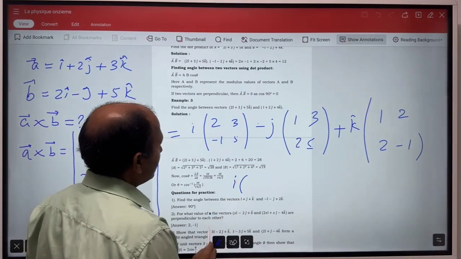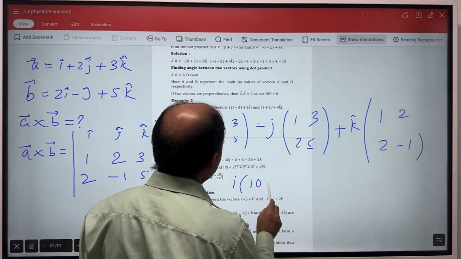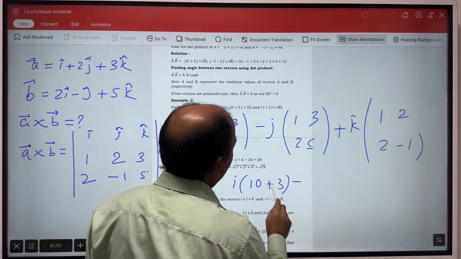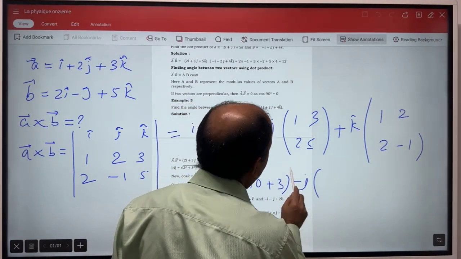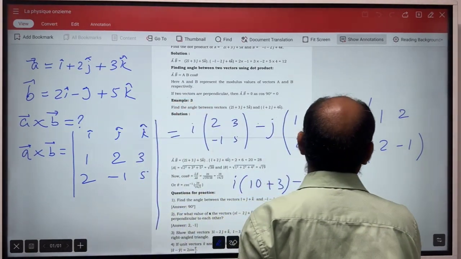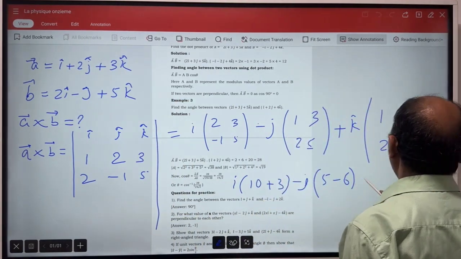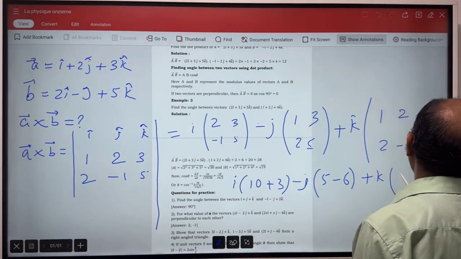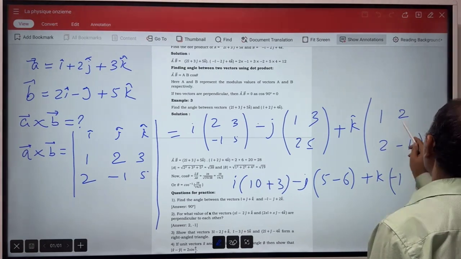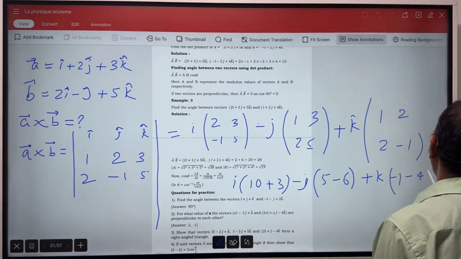So you will get I times 10 plus 3, minus j times 5 minus 6, plus k times 1 into minus 1, with a minus sign in between, and then 4.